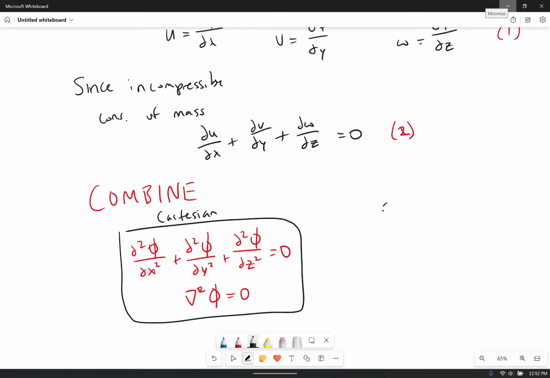We could have also written this in cylindrical, the evil way, and it would have looked something like the following. It's not nearly as fun.